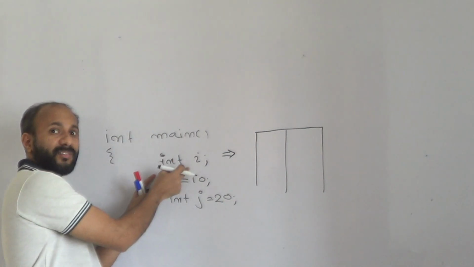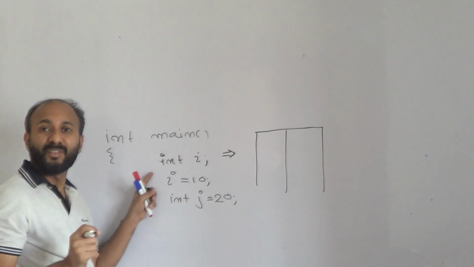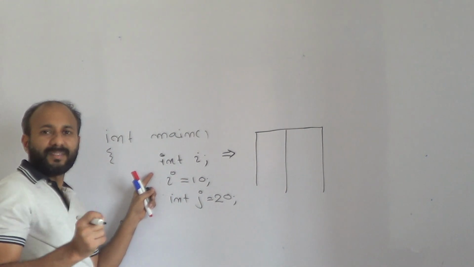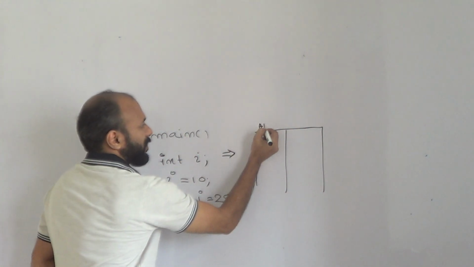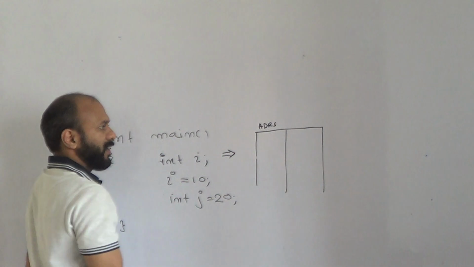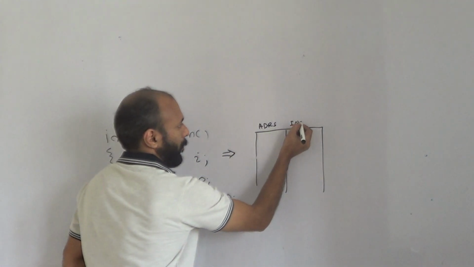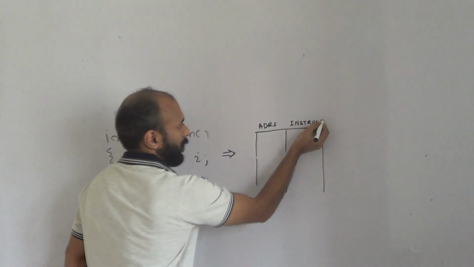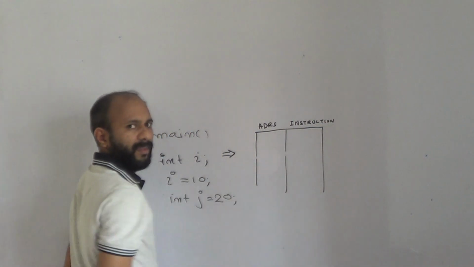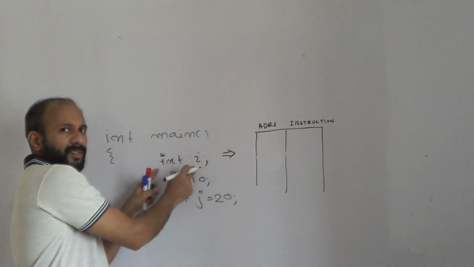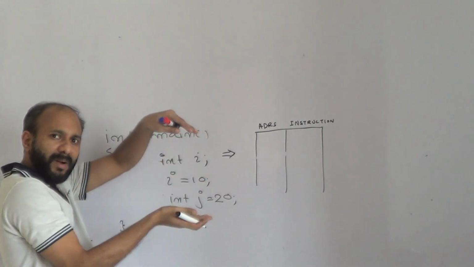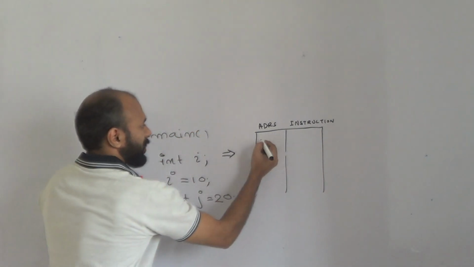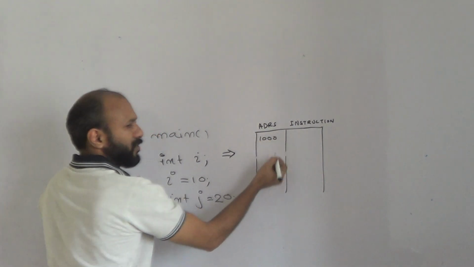The size of this integer variable is 4 bytes in a 32-bit microprocessor. Now there is an address portion and there are instructions. For int i, the stack pointer has to move down by 4 bytes. Here, assume this address is 1000.